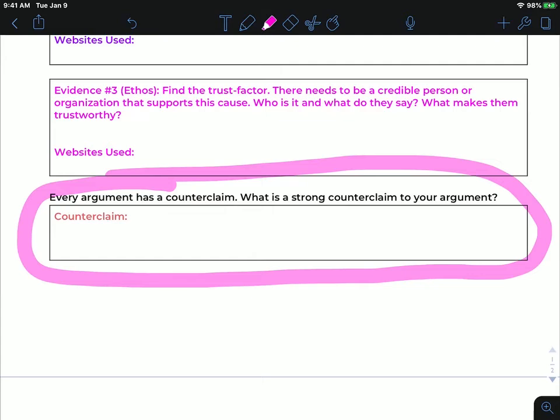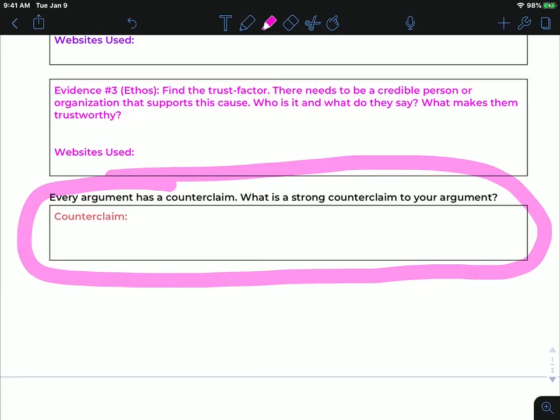Why are they saying that it's effective? And the death penalty, who is saying that it's a good thing? Who is saying that it's appropriate? And why are they saying it's appropriate? So you're basically looking for your opposition here in the counterclaim. What is the opposition saying? And then you have to keep in mind, you're going to have to argue against that. But what are they saying against you?